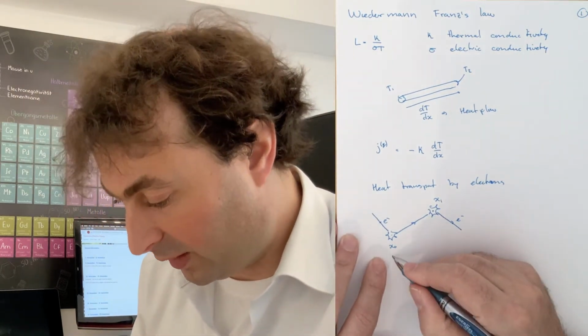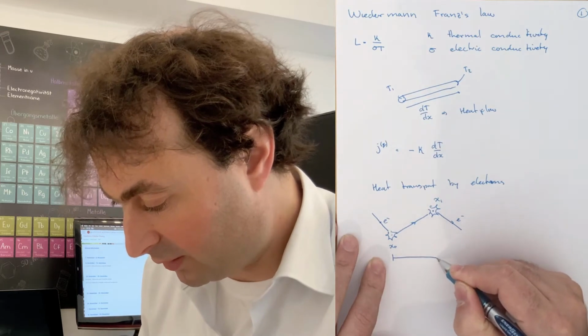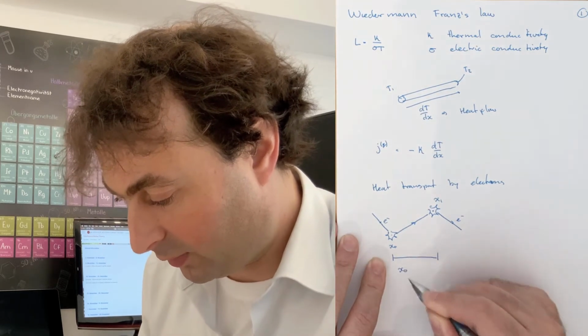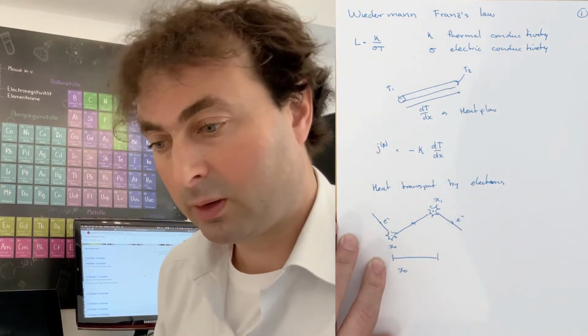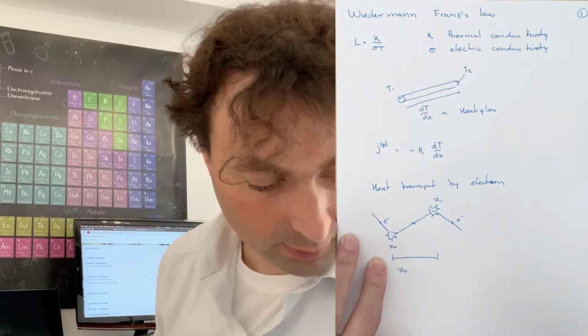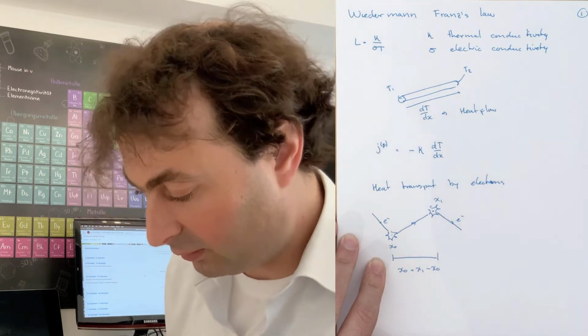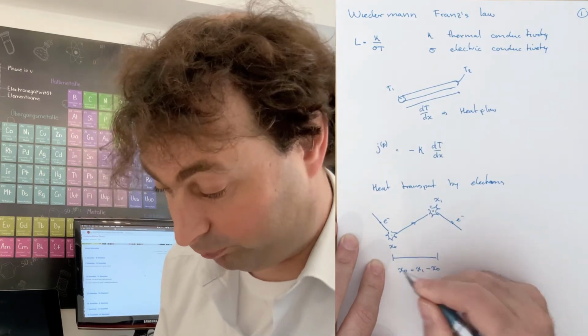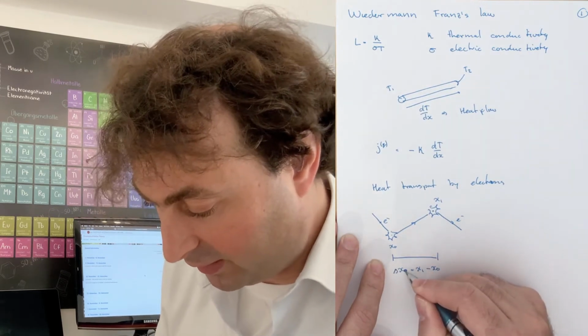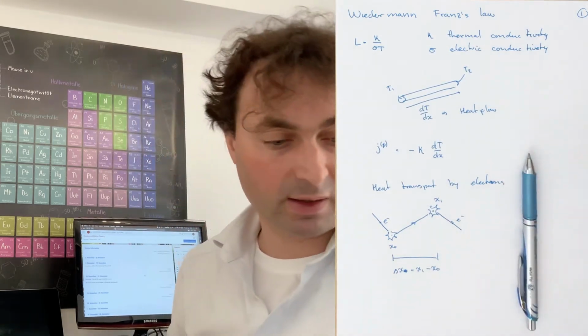By doing so, we have a distance between the two scattering centers, delta x, which is given by x1 minus x0.